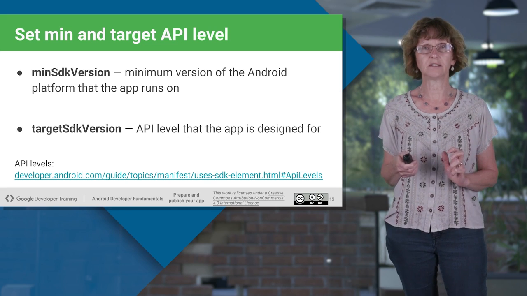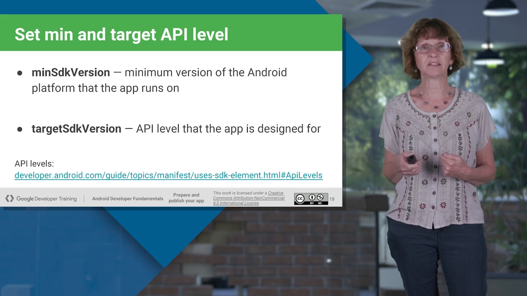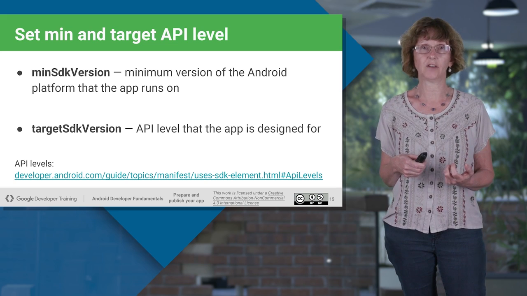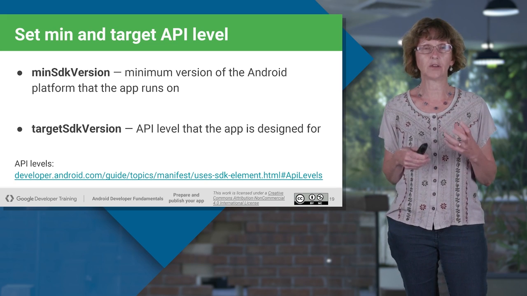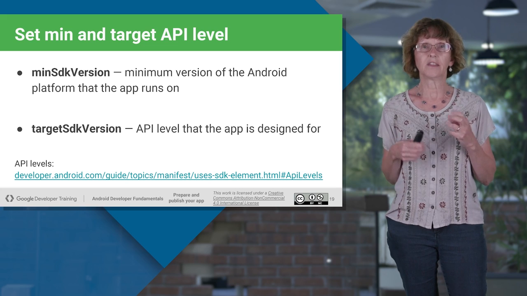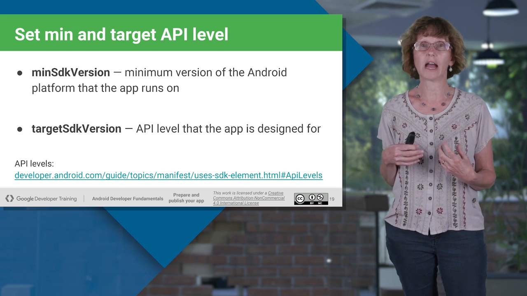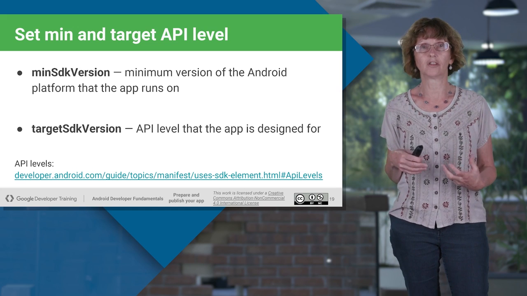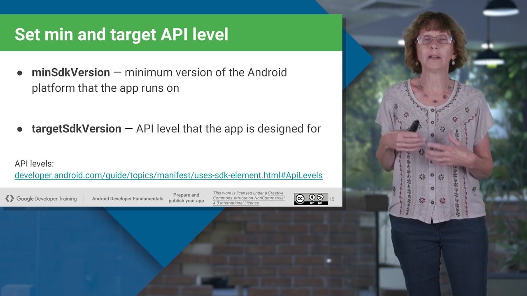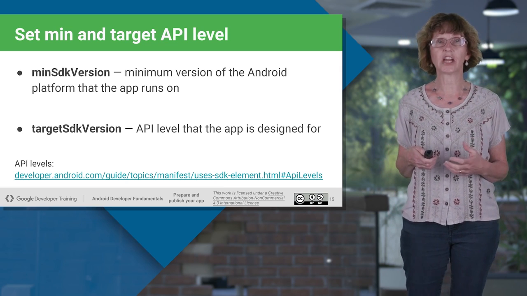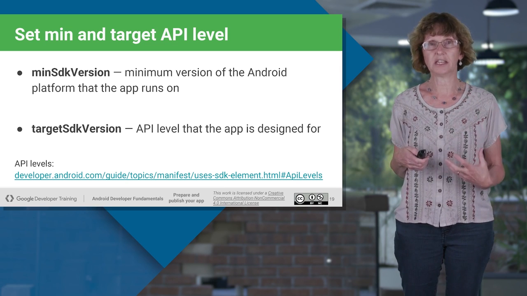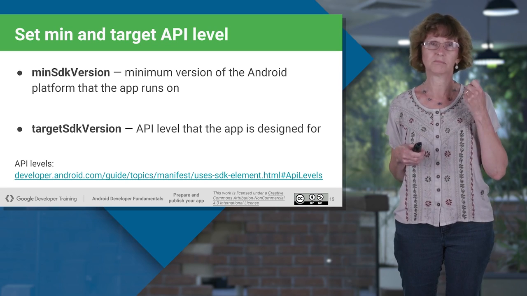So another thing to consider is the min SDK version and the target SDK version. These two values specify which devices your app can run on. When you create your Android Studio project, you set these values initially, but you may very well just click the defaults.